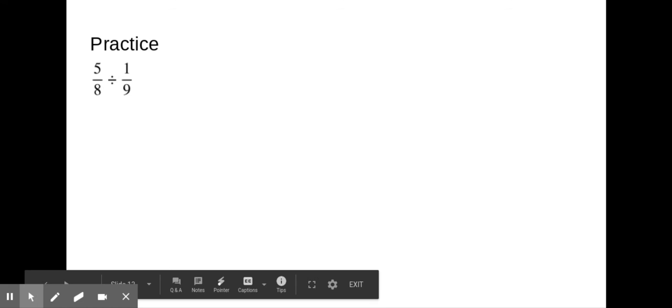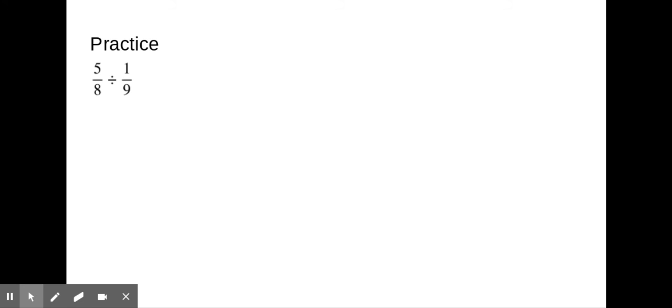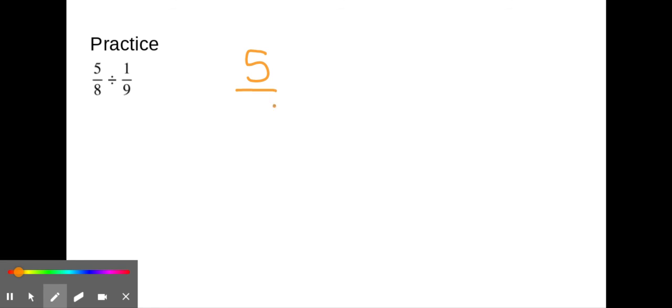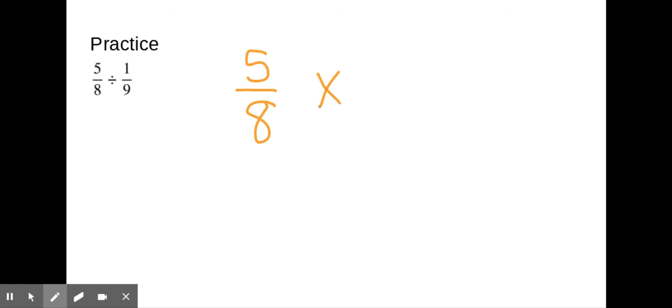Go ahead and try this one. So this would have been 5/8. I leave that. I change it to multiply. Instead of 1 over 9, I'm going to have 9 over 1. And I'm going to have 45 over 8.